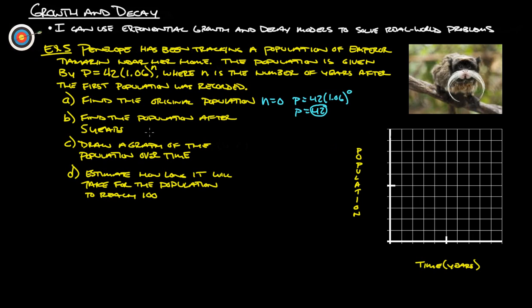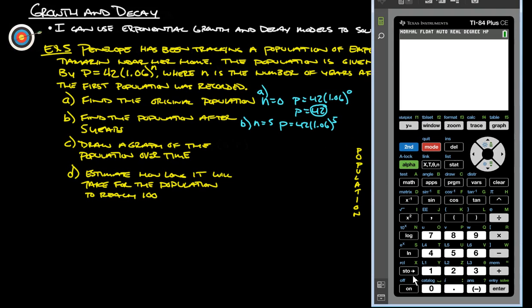Okay? Find the population after 5 years. So this was A. If we're going to do that for B here, that's when n equals 5, right? So P equals 42 times 1.06 to the 5th power. So that's where we're going to want to use our graphing calculator.